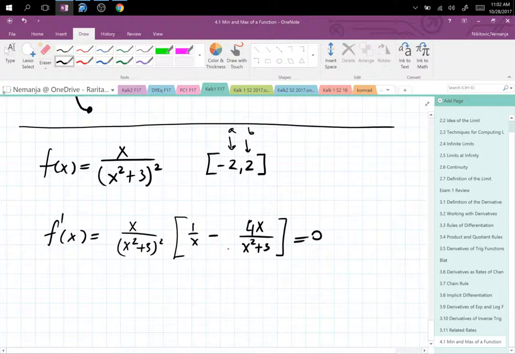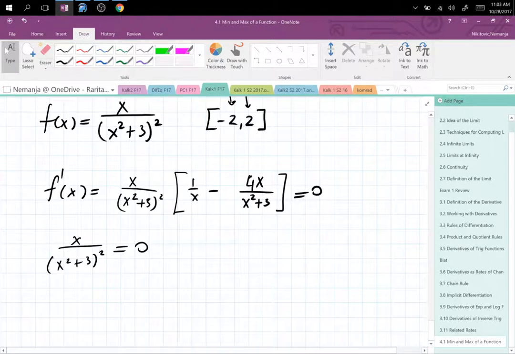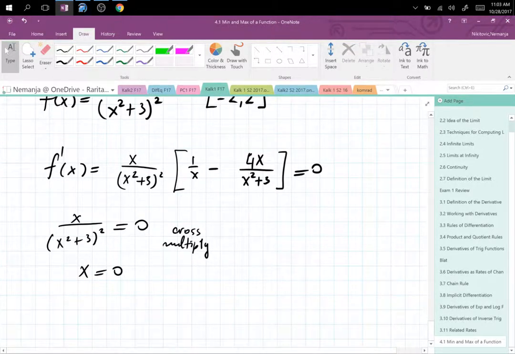You have this situation, so what you do is set each one of these to 0. So x over x squared plus 3 squared equal to 0. When you cross multiply, you get x equal to 0.